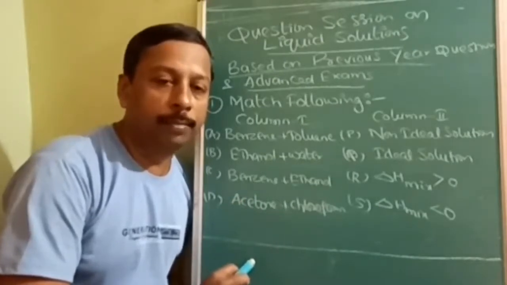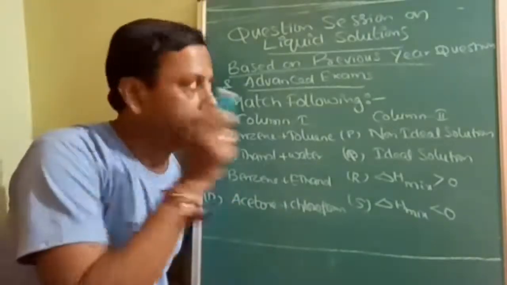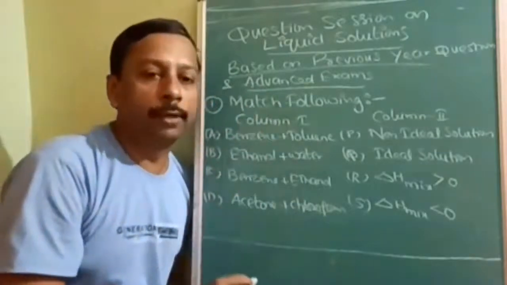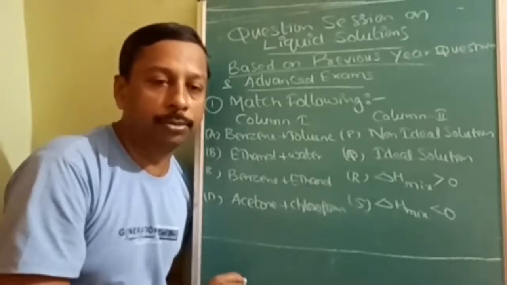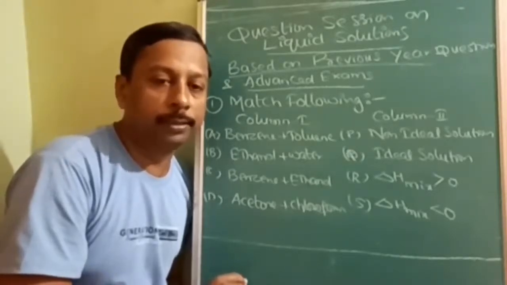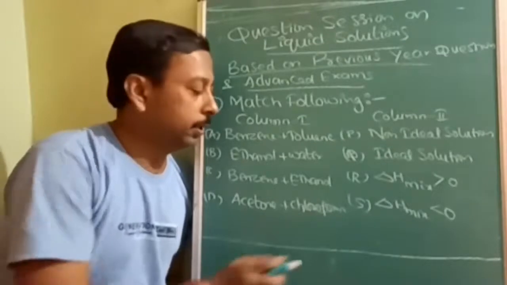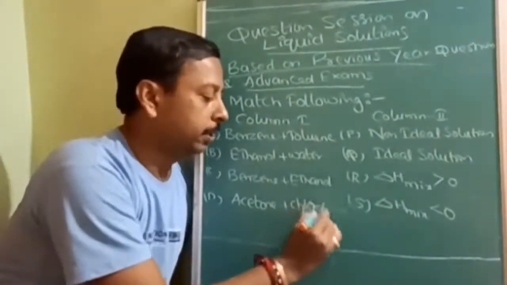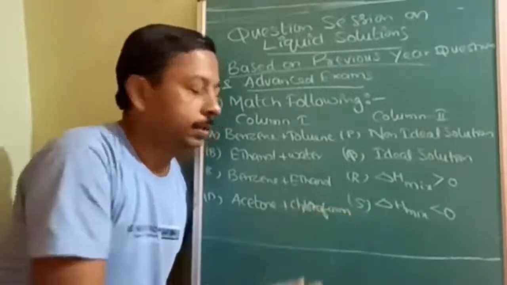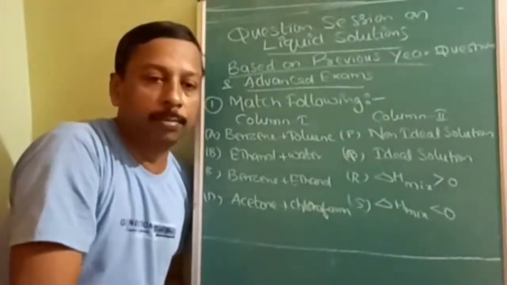It does not mean that you are preparing only for Advanced; it is applicable to state level exams, medical exams, and mains exams also. The reason behind selecting this type of form is to cover the maximum number of questions.